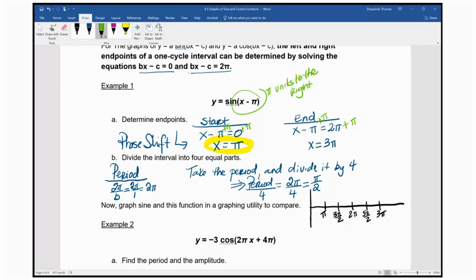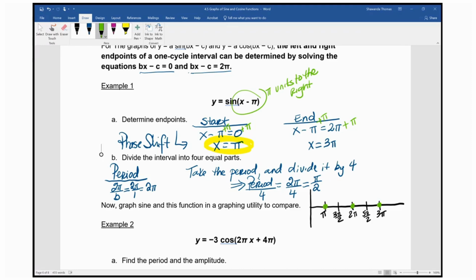And where does sine cross the midline, or in this case, the x-axis? Ends and center. So ends, that'll be pi and 3 pi, and the center would be 2 pi.